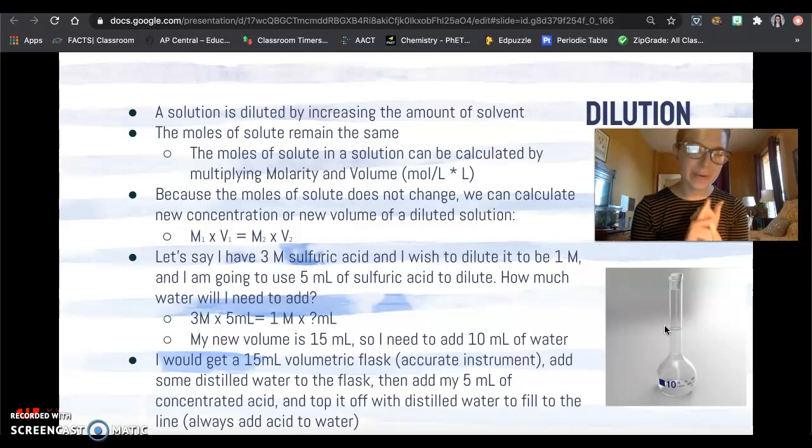So the reason I put in water and then acid and then fill again with water is because of lab safety. You never add water to acid. You add acid to water. Reason for this? If while you're pouring it, some acid splashes out, it would be more dilute if you had added it to water.